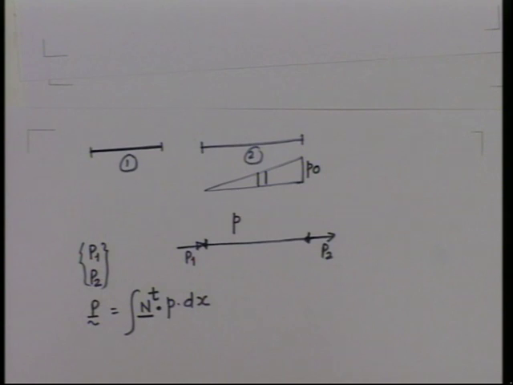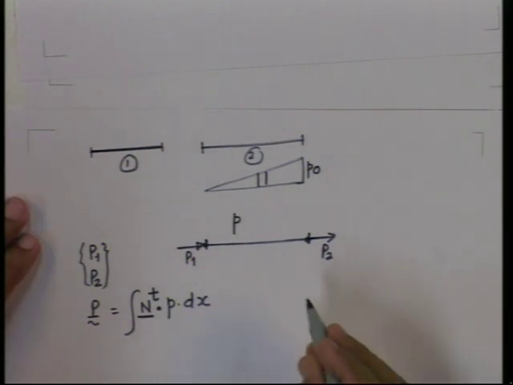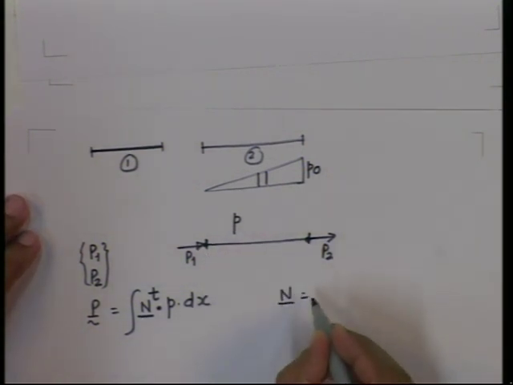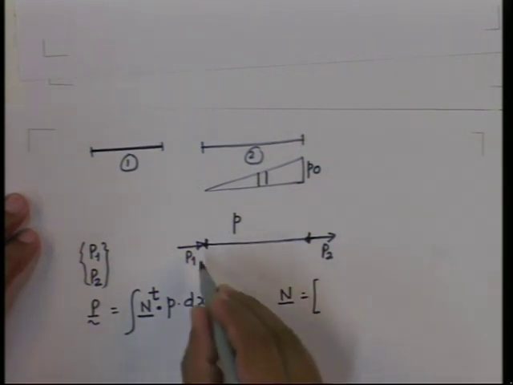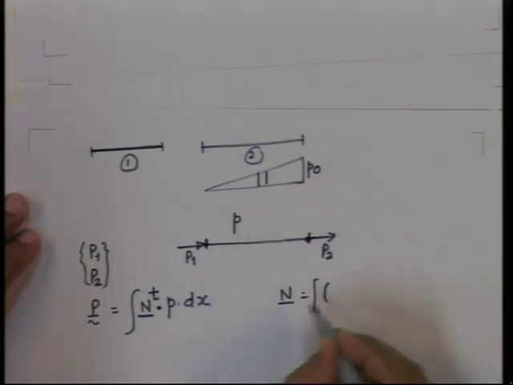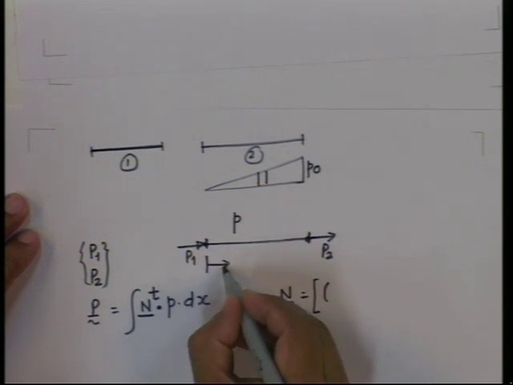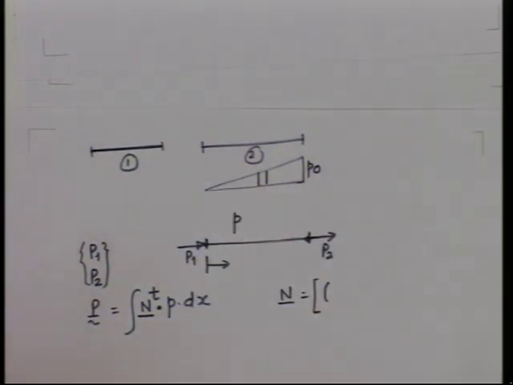You have to define what your N is. The shape function matrix. What is the shape function matrix here for this element?